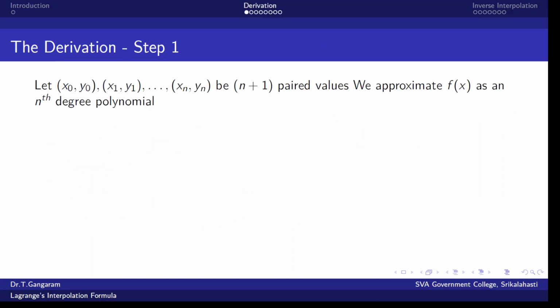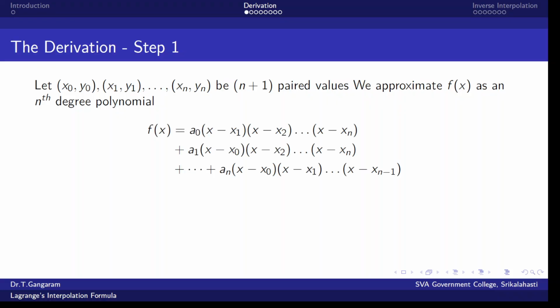Let x0, y0, x1, y1, so on xn, yn be n plus 1 paired values. We approximate f of x as an nth degree polynomial: f of x is equal to a0 into (x minus x1)(x minus x2) so on (x minus xn), plus a1 into (x minus x0)(x minus x2) so on (x minus xn), and the last term an into (x minus x0)(x minus x1) so on (x minus xn minus 1).